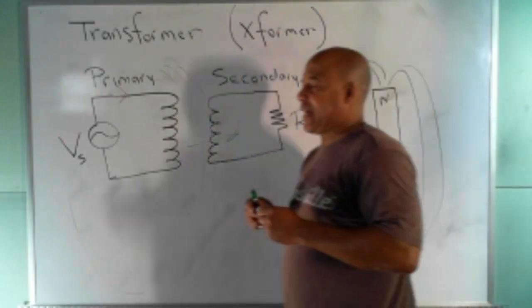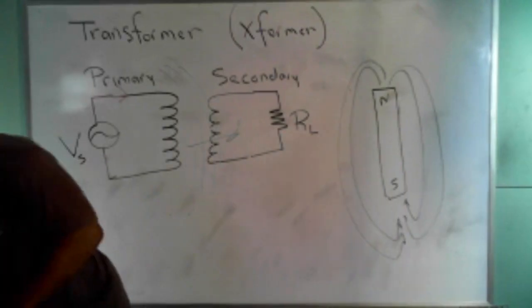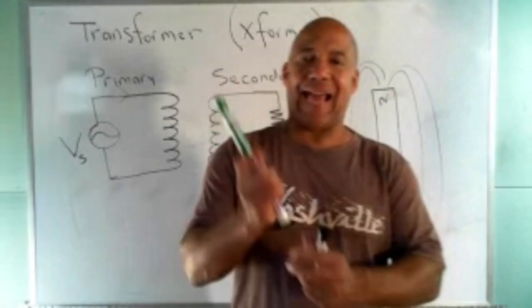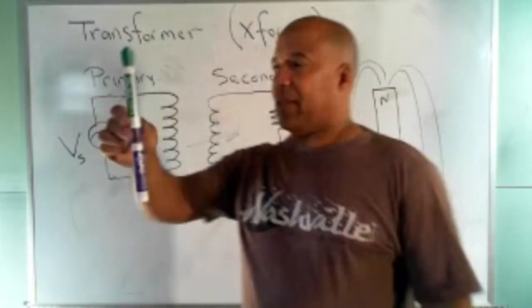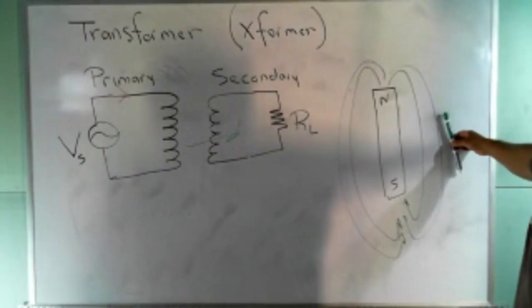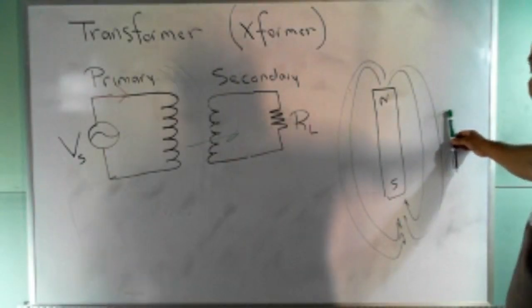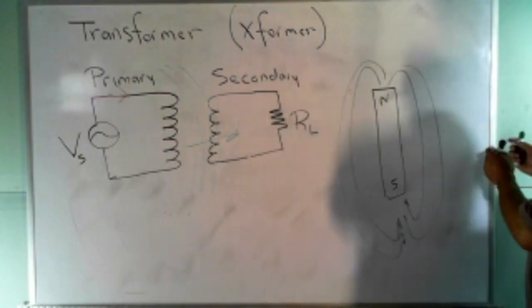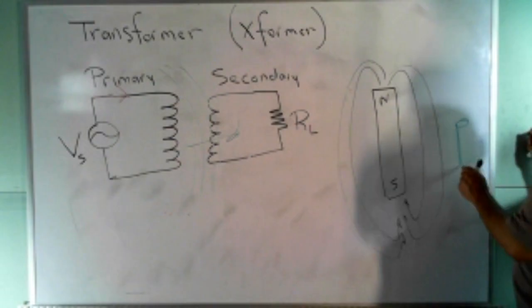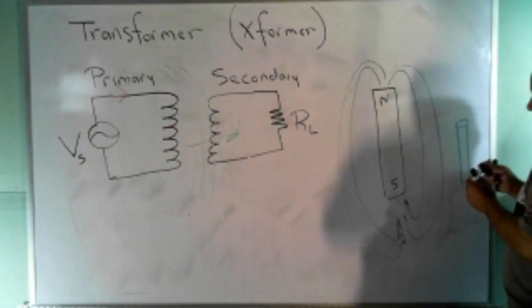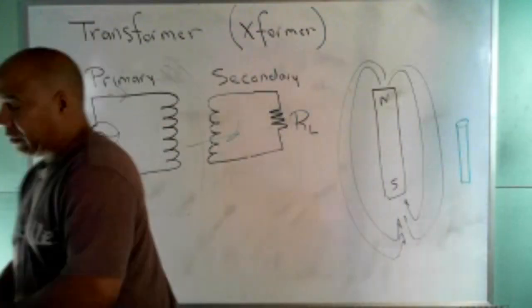But now let's say I get a solid metal pipe, something that can be magnetized like iron. Iron can be magnetized. So I got an iron pipe and I just came over here close to this. If I did that with that pipe, let me show you what's going to happen. What will happen is the flux is going to do this.